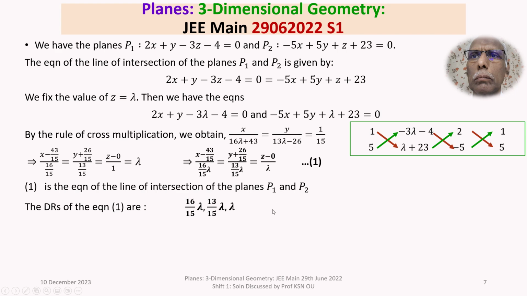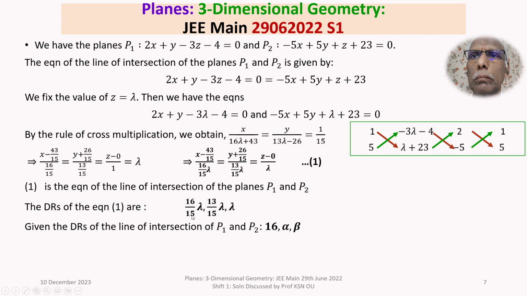But the direction ratios of the line of intersection of P1 and P2 are given to be 16, alpha, beta.